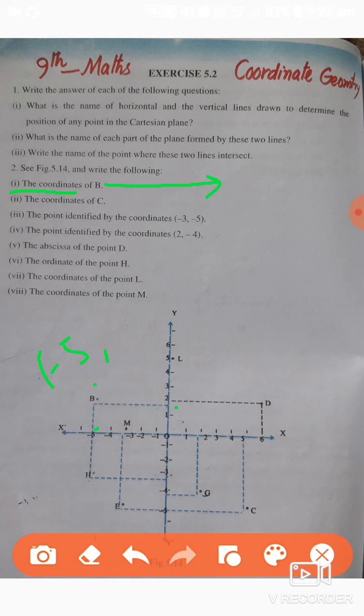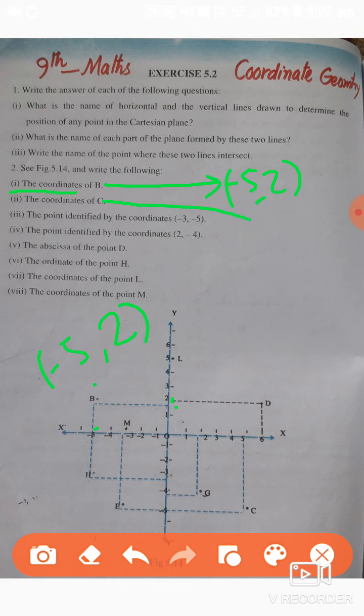When we draw a perpendicular from this point B on the y-axis, the perpendicular meets the y-axis at this point, that is at a distance of 2 units. So we write it as 2. Therefore the coordinates of point B are -5 and 2. So these are the coordinates of point B.